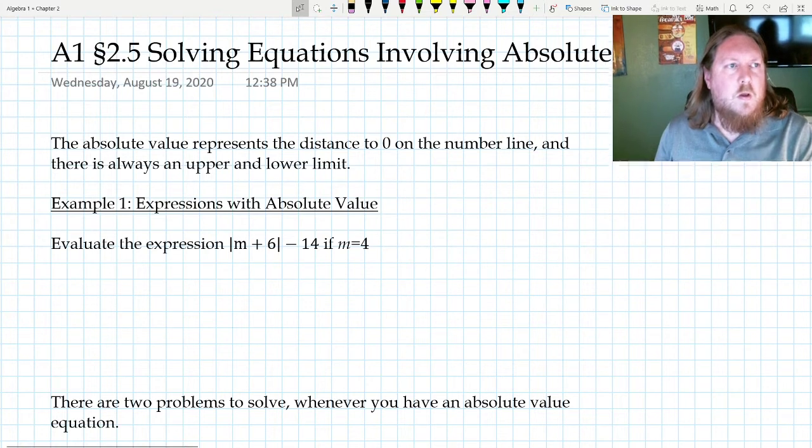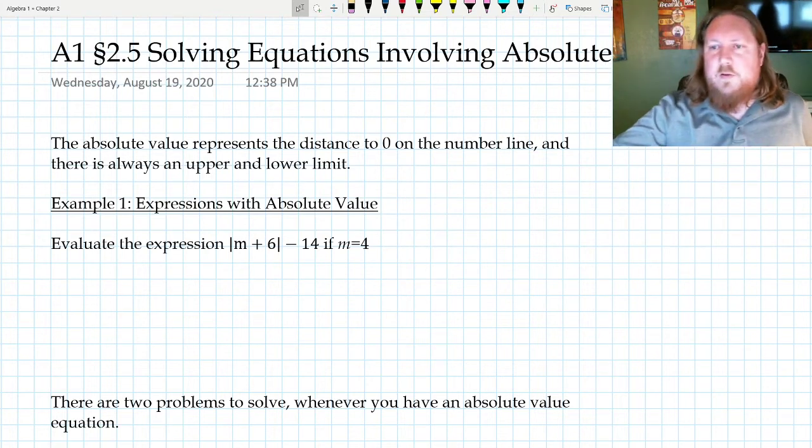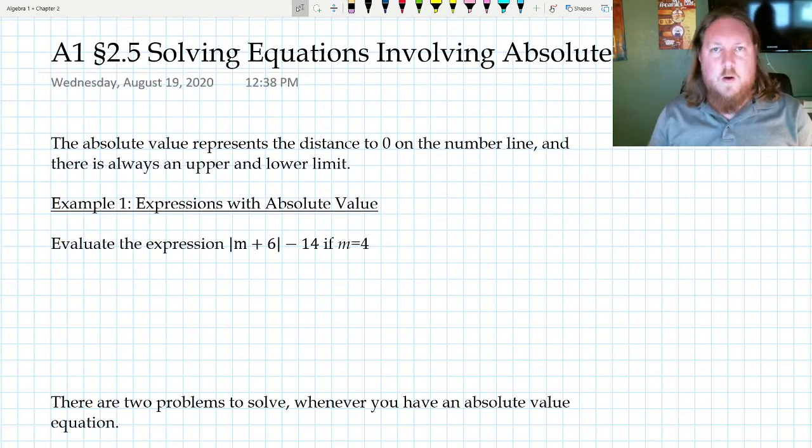So, the absolute value is a function, and basically what it does is it tells you how far away a number is from 0 on the number line.